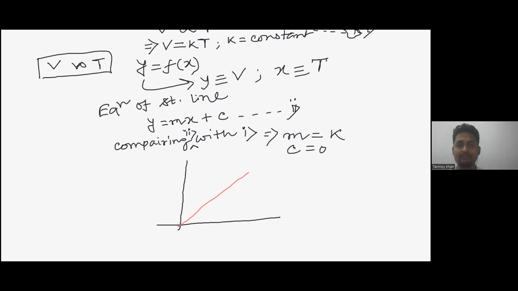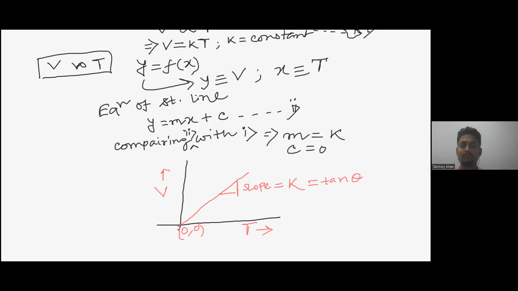The slope will be constant, but it will obviously start from 0, 0. So if this is your V and this is T, V versus T will be a straight line with the slope equal to tan theta, whatever I discussed in the first class.